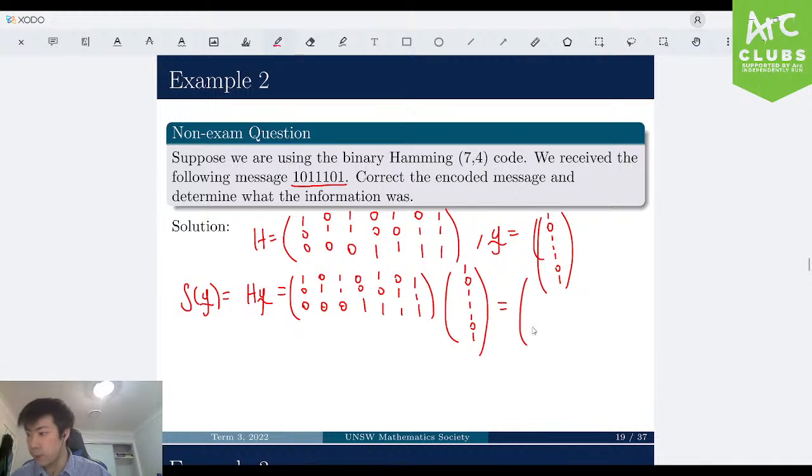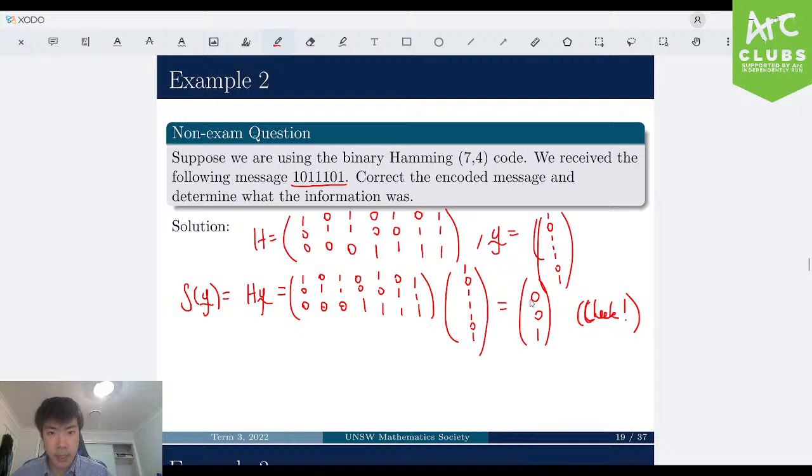And this ends up giving us 0, 0, 1, right? Just based off my previous calculations, you can check this yourself, right?